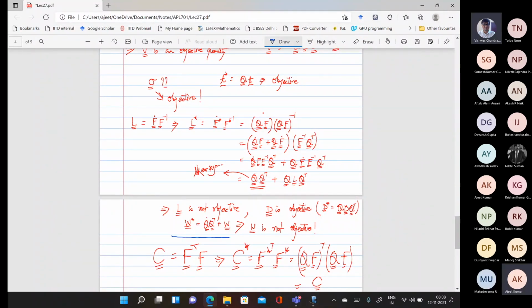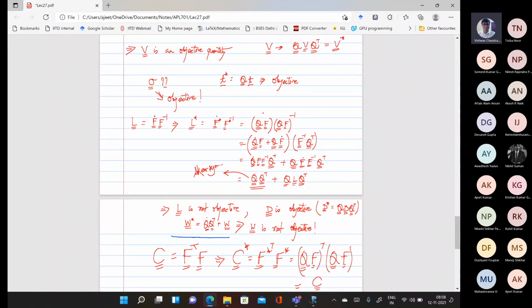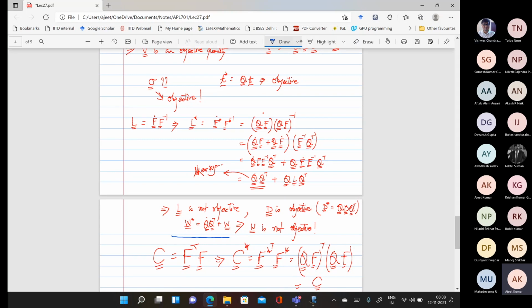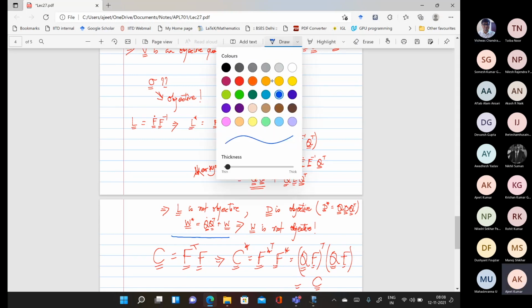W is coming on the right side. I think there should be QW Q transpose. I agree with that. When we come from the L expression, the full expression is there. So it should have been QWQ transpose. Thanks for pointing out this mistake. You're right.